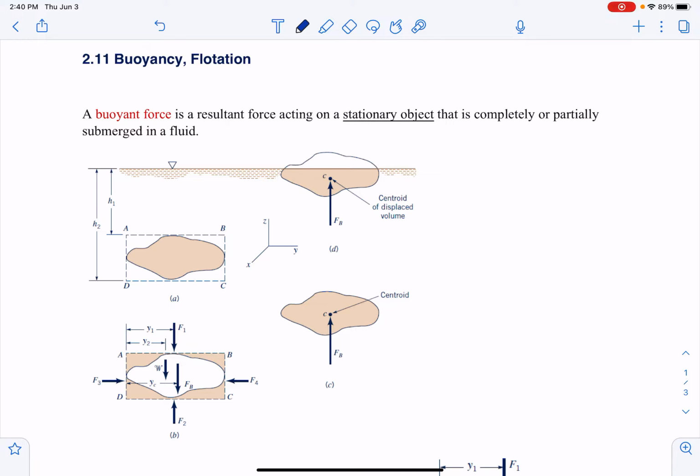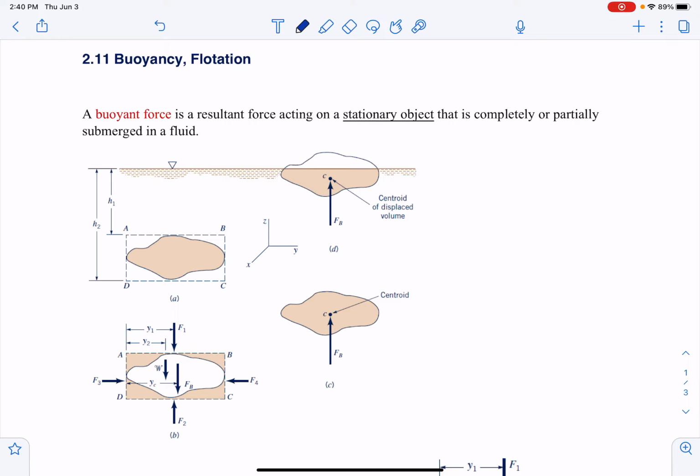Now there is a question: why do we need to calculate that, or why do we need to know about the buoyant force? This is actually a really useful definition.